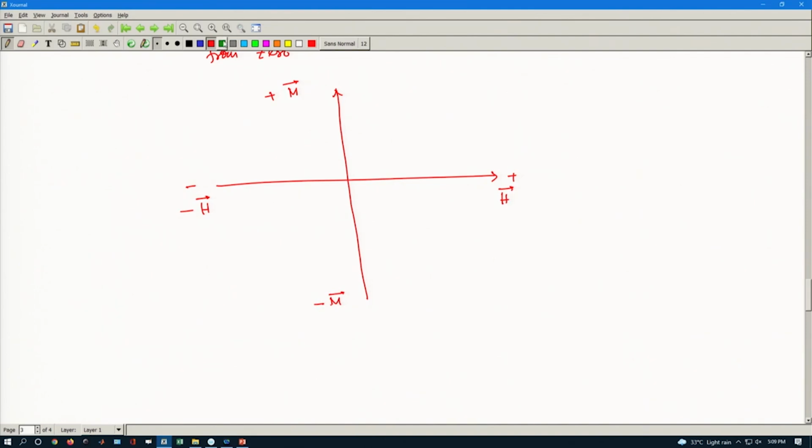So, initially if I increase, we are going to get a response like this, and if I increase further, the magnetization will not increase. This point where it reaches saturation, we call this point the saturation point.